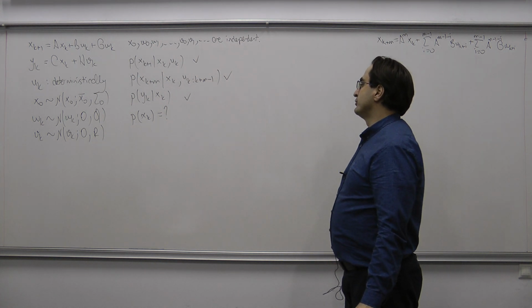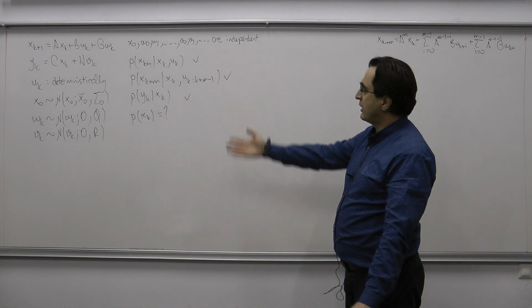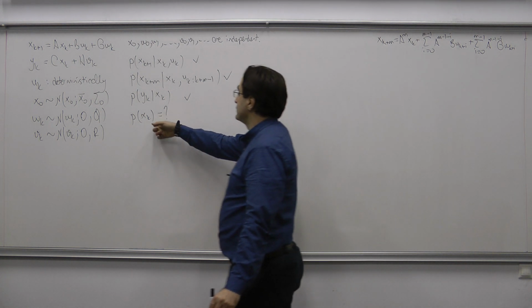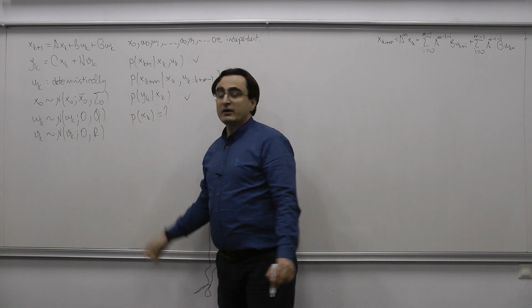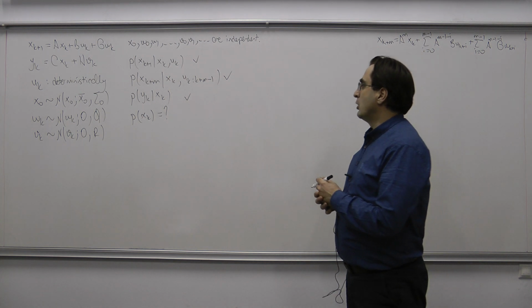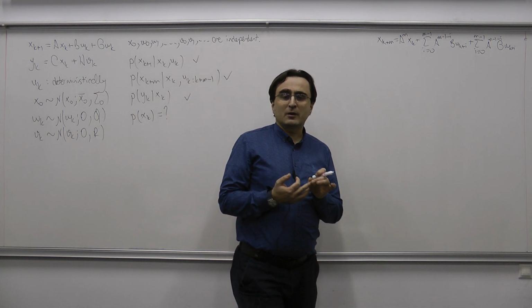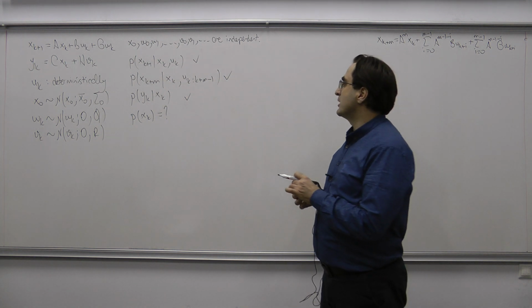In order to be able to write such an unconditional distribution, I need to write x_k in terms of the basic random variables. So I want to write x_k in terms of x0, w0, w1, going until w_{k-1}.